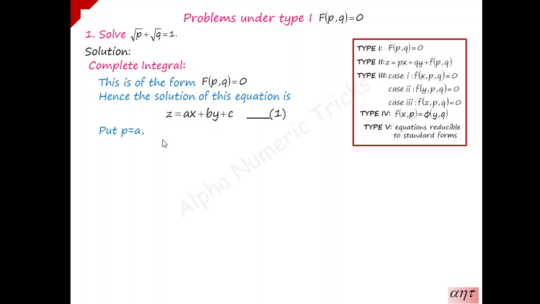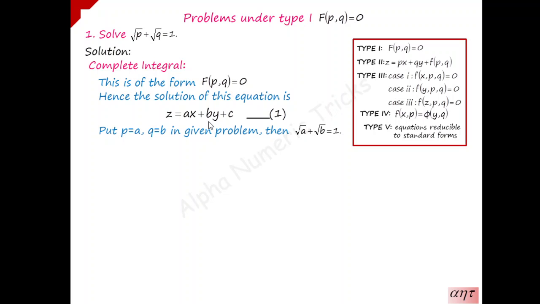And then the substitution you have to do, that is also something you have to remember. Now you have to make use of the substitution p is equal to a, q is equal to b in the given problem. Then your problem becomes root a plus root b is equal to 1. Using this relation, we have to find out any one of the arbitrary constants. Why we are doing this: the complete solution always consists of 2 arbitrary constants, because our problem has 2 independent variables, so the complete integral must contain 2 arbitrary constants.